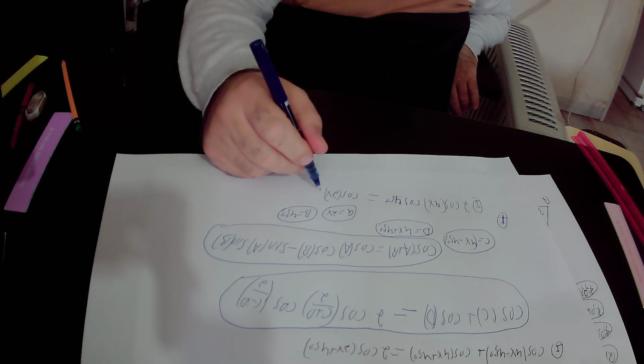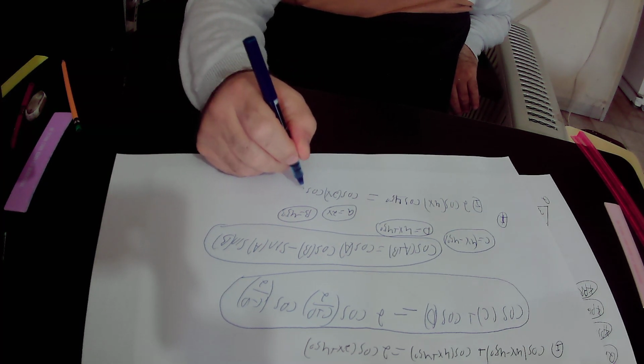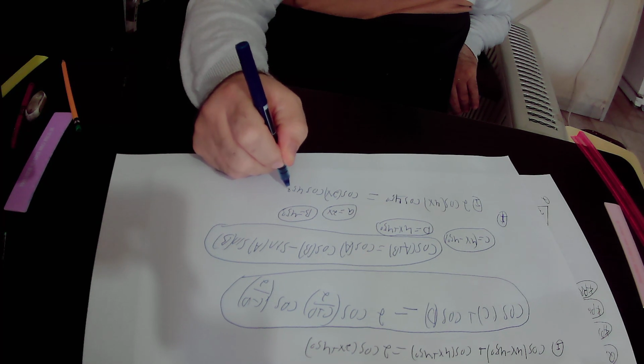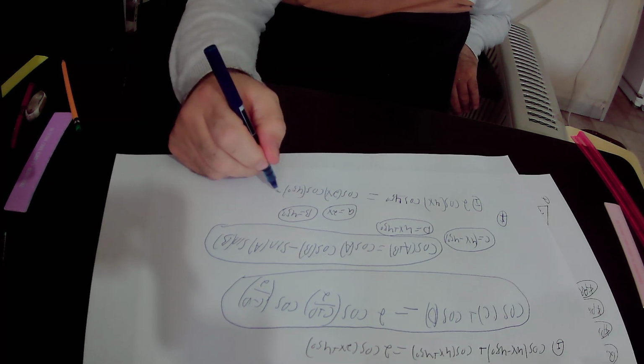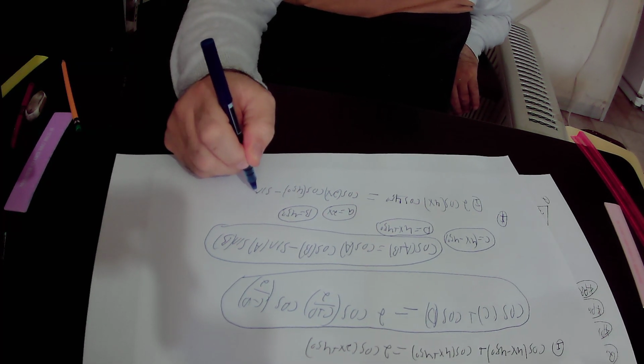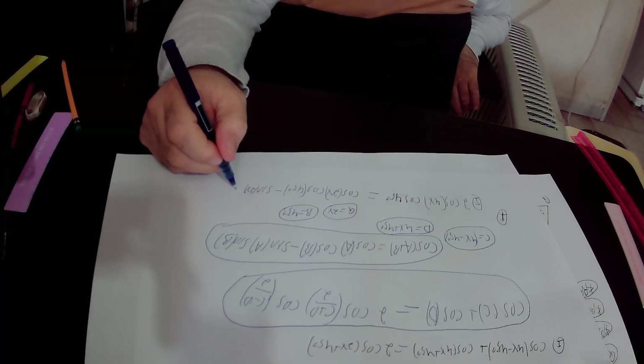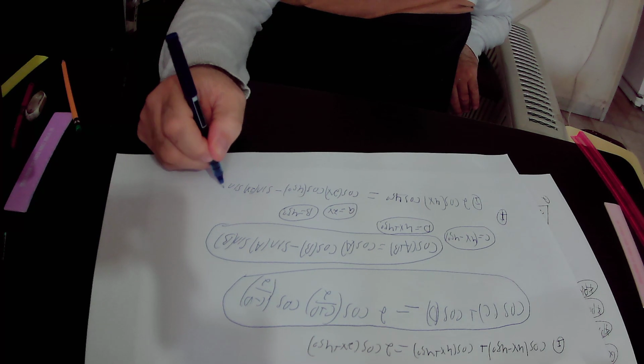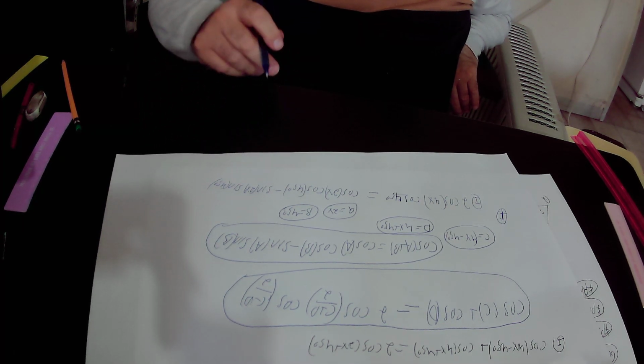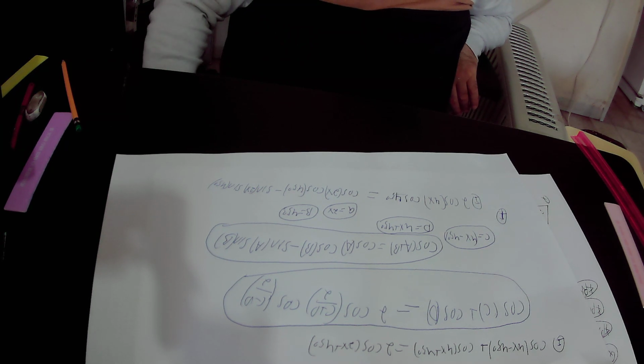B is 45 degrees, so it is cosine 45 degrees, minus sine 2x times sine 45 degrees. We know that cosine 45 degrees equals sine 45 degrees.